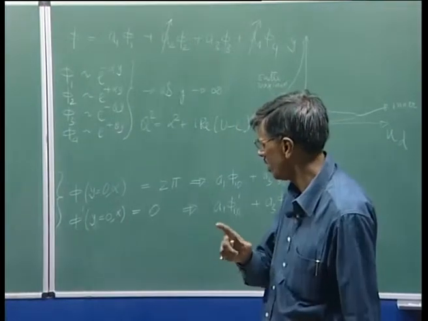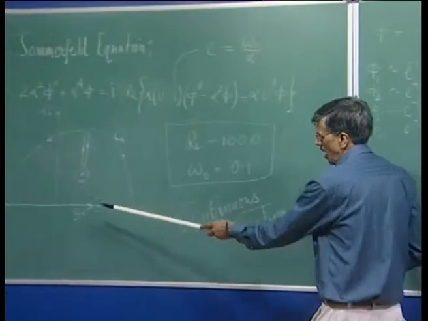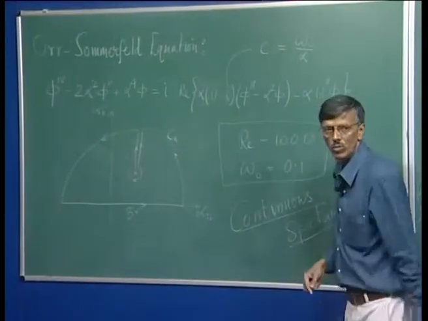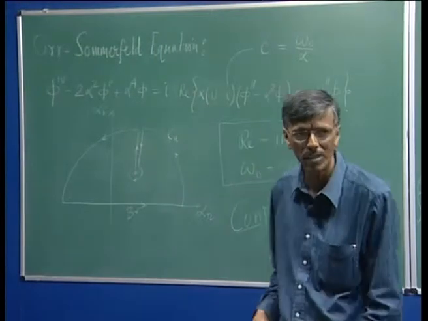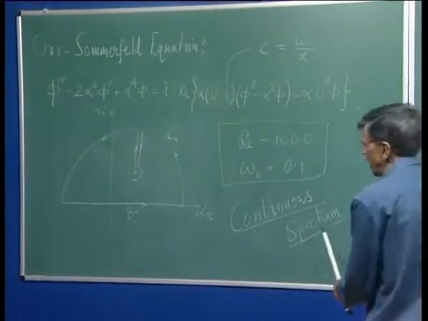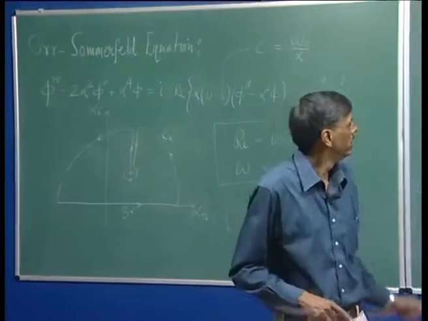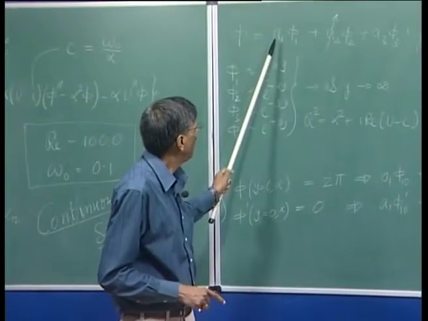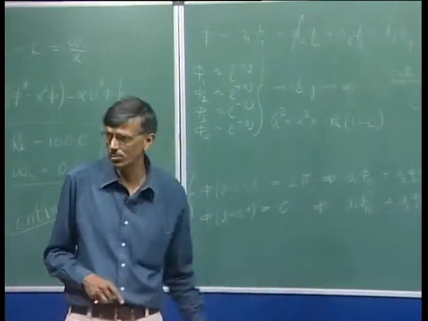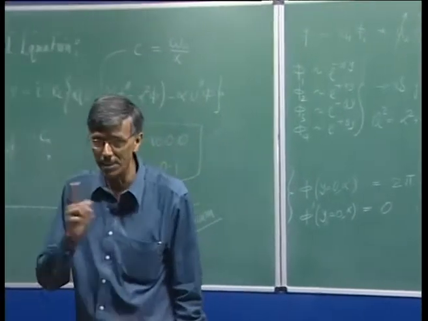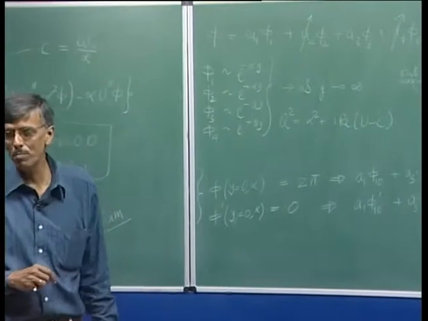So, one group of people did say, look, maybe along this axis we have a contribution coming from all the points, and this is what they called the continuous spectrum. Now, that is about A1, A2 contribution. What about A3, A4 contribution? That depends on Q. Q also can be purely imaginary.